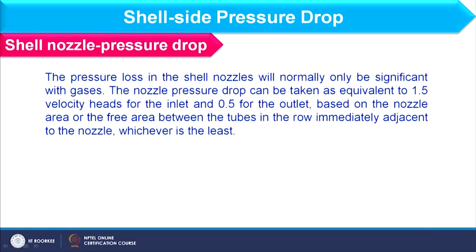Okay. So, pressure loss in shell nozzles will normally only be significant with gases. If I am considering the gases, then we should consider this. The nozzle pressure drop can be taken as equivalent to 1.5 velocity heads for the inlet and 0.5 for the outlet, based on nozzle area or the free area between tubes in a row immediately adjacent to the nozzle, whichever is the least.